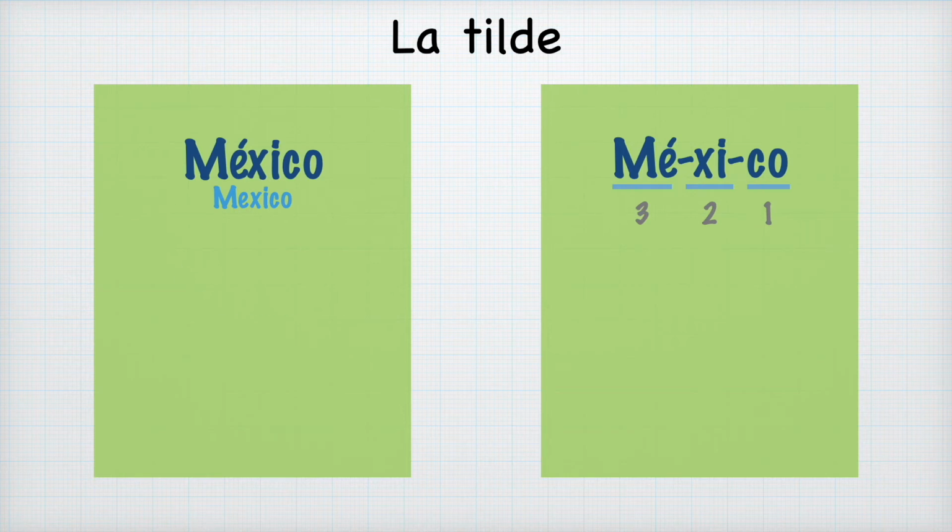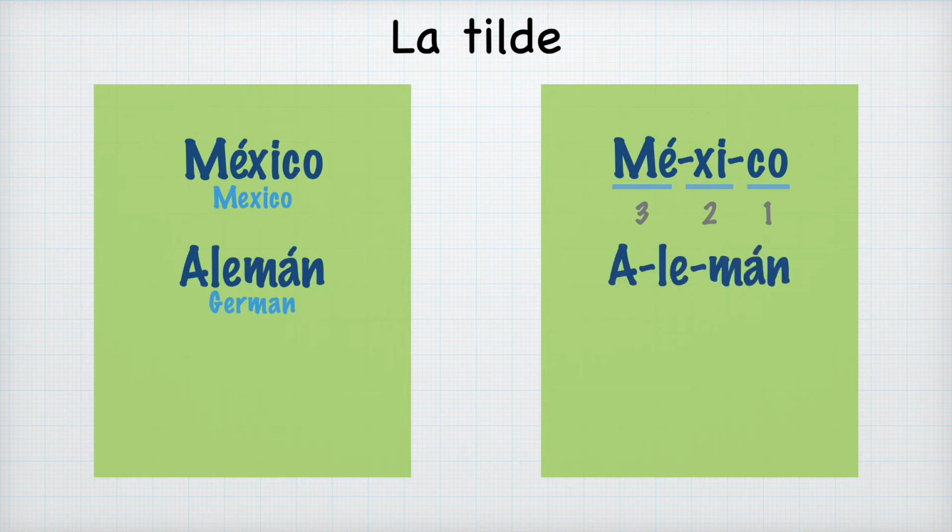Let's look at another example. Alemán. It means German. So Alemán has 3 syllables: man, le, a. Because this word ends in N, the stress should be on the second syllable. And you can see the second one is le.